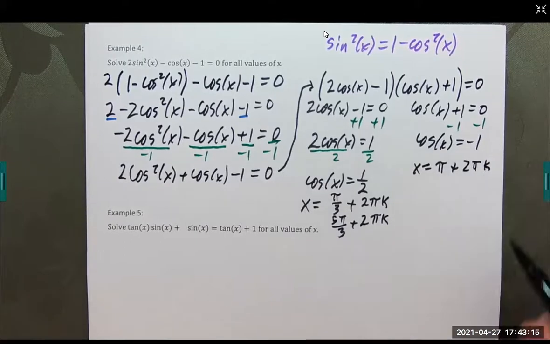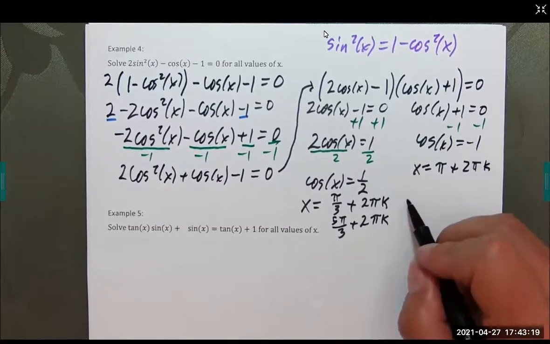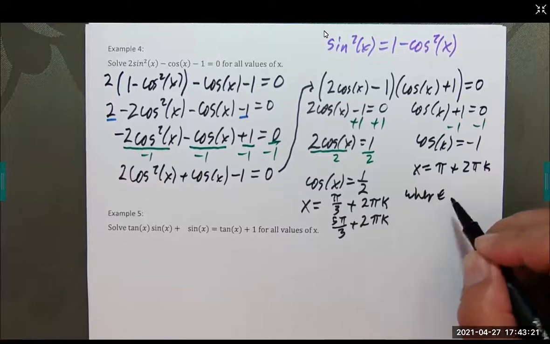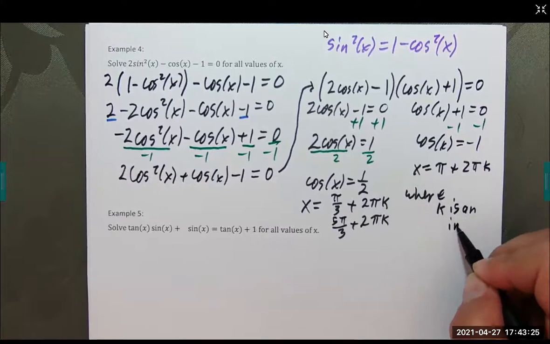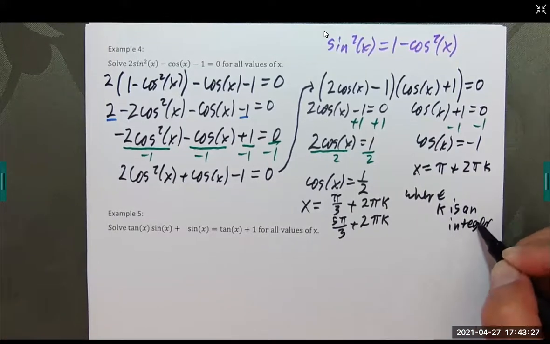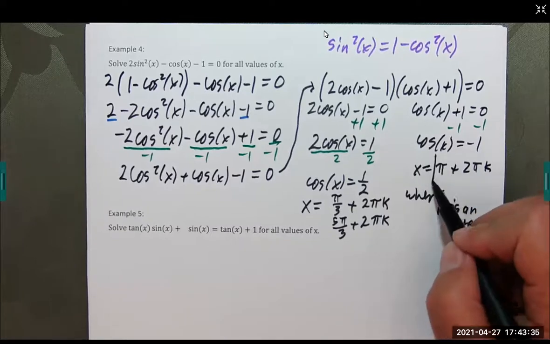Because again, it can just keep spinning around and around. And this is where k is an integer. If you forgot what an integer is, it's any whole positive or negative number. So this is the answer that we're looking for.